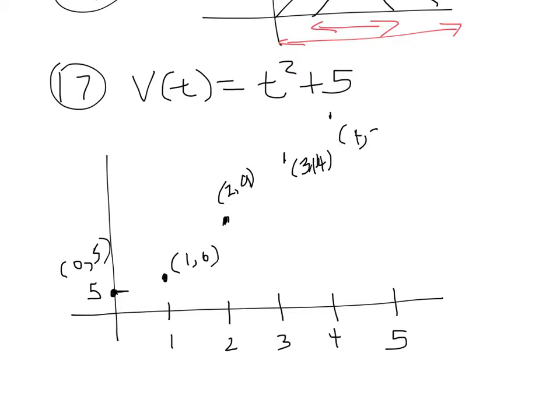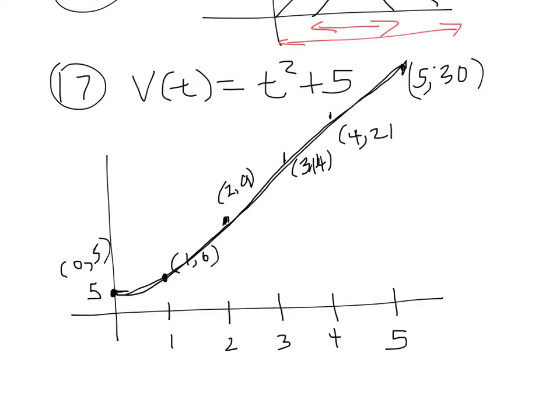So 4, 21. And finally I plug in 5, 5 times 5 is 25 plus 5, which is 30. And so I get that last point, 5 and 30. So I can connect these dots, not a really good graph there, and that gives me my graph.